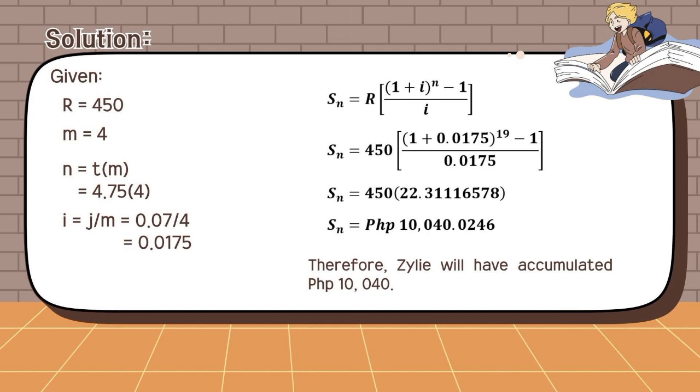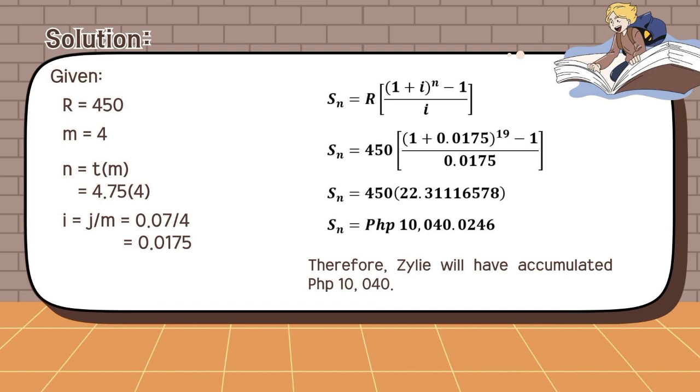So we have here S sub n is equal to 450 multiplied by (1 plus 0.0175) raised to n, or 19, minus 1, over 0.0175. And the answer, if we compute (1 plus 0.0175) raised to 19 minus 1 over 0.0175, we get approximately 22.31.